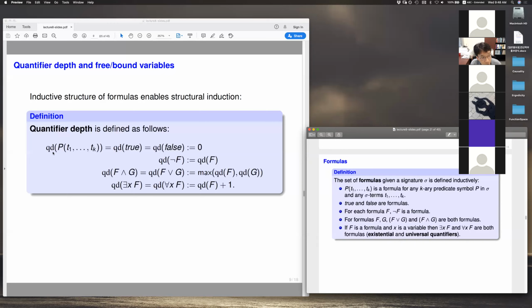For propositional logic formulas, the base case, the atomic formula P, true and false, the quantification depth is equal to 0. And the quantification depth for negation is the same as the quantification depth over F. So here you can see that we are using structural induction to define this.